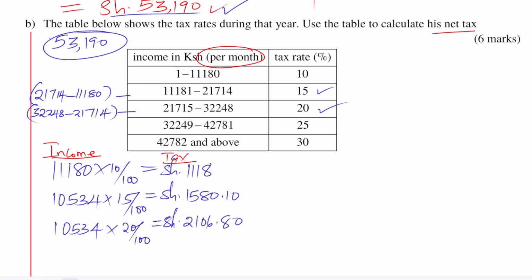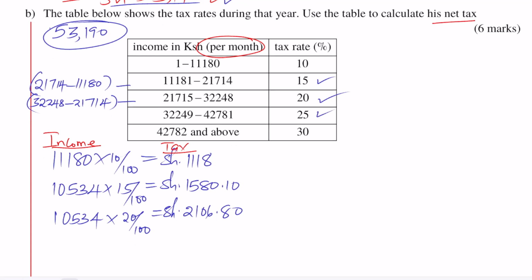Remember, we are taxing this amount, 53,190. So far, you can just check using a calculator: 11,180 plus 10,534 plus 10,534. We can still proceed to the other slab.